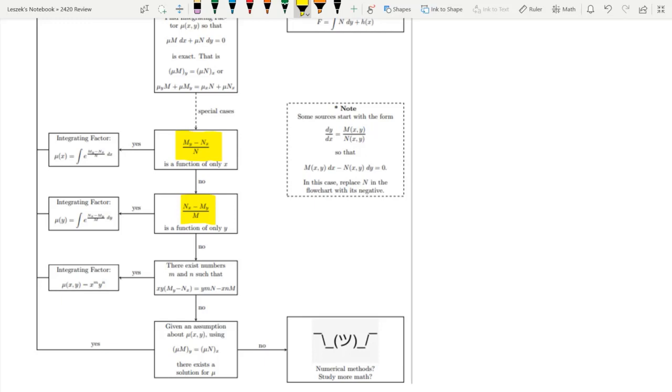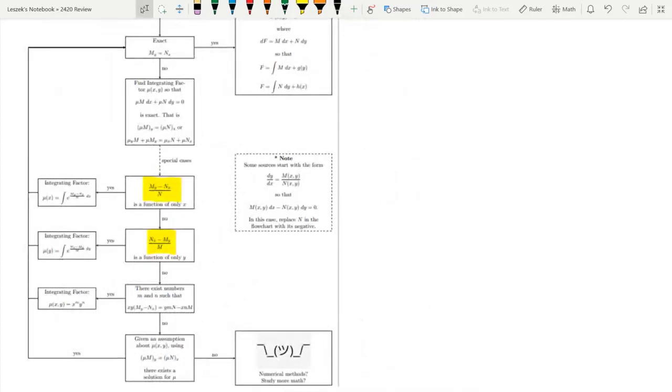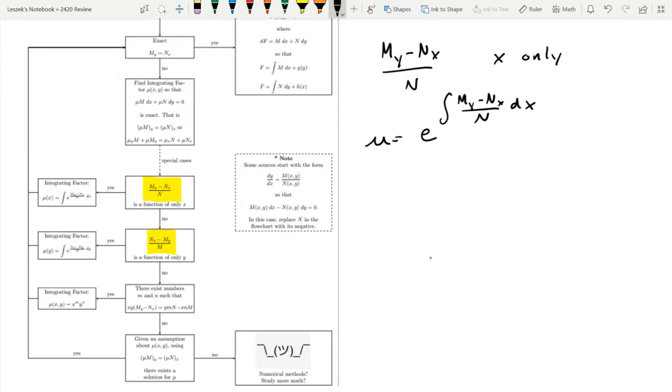All right. So here, if we don't have an exact differential equation, there are especially two special cases that we're going to be aware of, right? So I'm not going to go through the derivation, but if we have that this is a function of x only, then we know our integrating factor is a function of x, given by that.